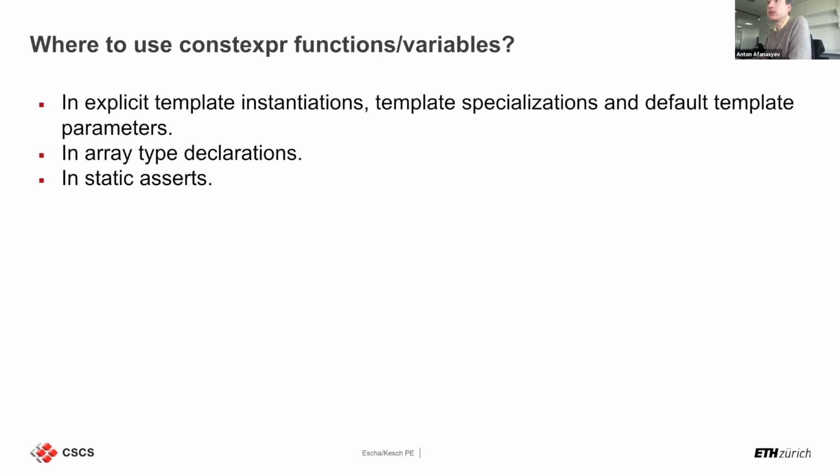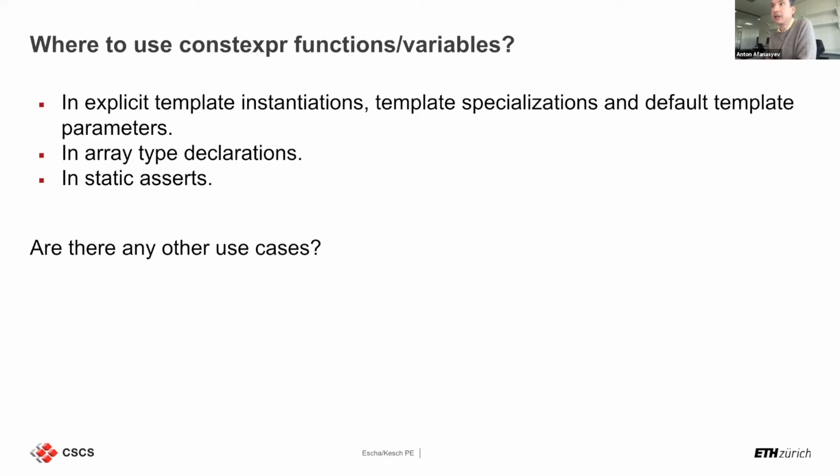It turns out that there are very few of them syntax-wise. It's explicit template instantiations, template specializations, and default template parameters. In other words, it's everything that goes within angle brackets. It's array type declarations and static asserts.